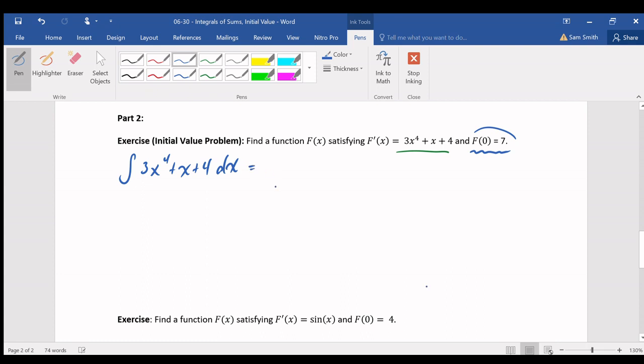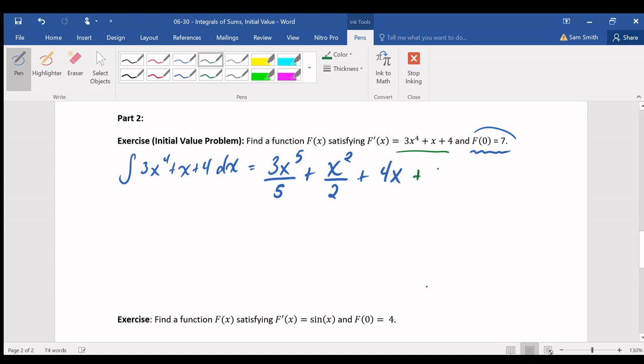So let's once again use the power rule in reverse. 3x to the 5th divided by 5, increasing the power and then dividing by that increased power. x squared divided by 2. And what would give me a derivative of 4? A linear function of slope 4 would give me a derivative of 4.